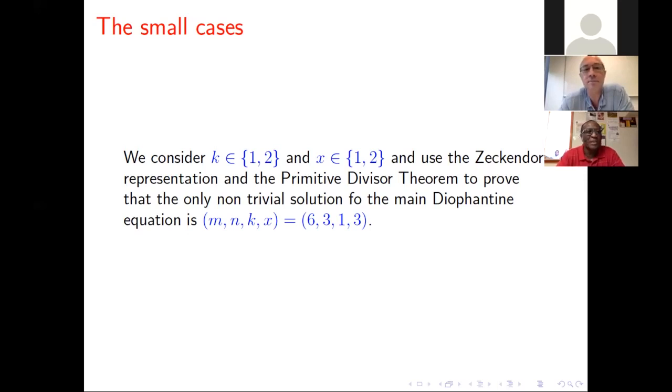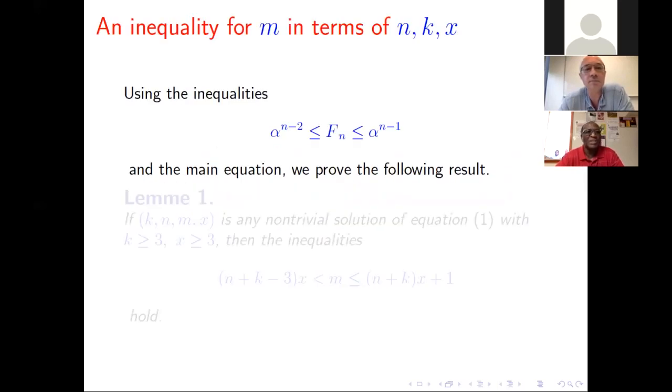Okay. Then the second step is to find an inequality for m in terms of n, k, and x. So we use some inequalities that are related to Fibonacci numbers. If we look at Fn, we can bound Fn by alpha^(n minus 2) and alpha^(n minus 1).